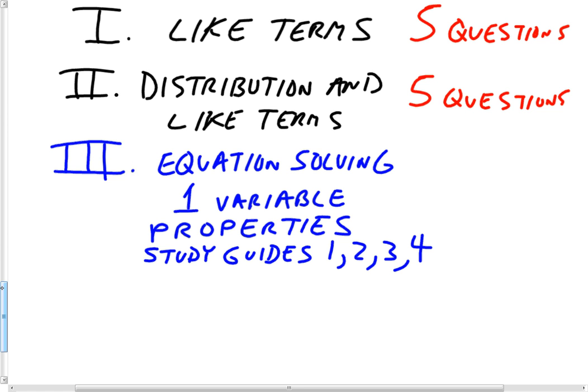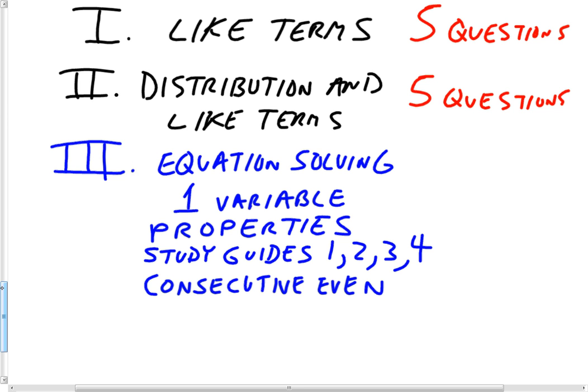There are some very specific questions like consecutive even. Consecutive even was on study guide 1.